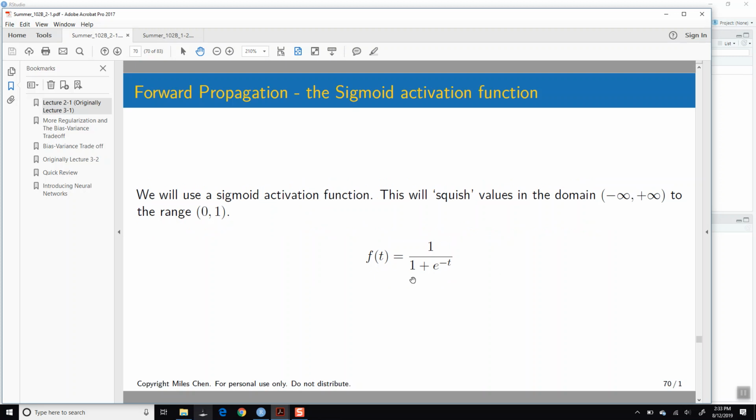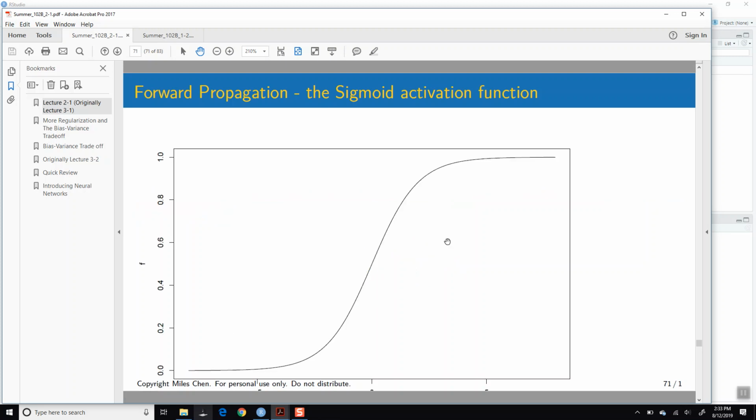Anyway, this is the sigmoid activation function. We put in something, it does something to it, and spits it out. This is what it looks like. It's the logistic function. Basically, big values get turned into 1, and really negative values get turned into 0. If you plug in 0, you get 0.5.